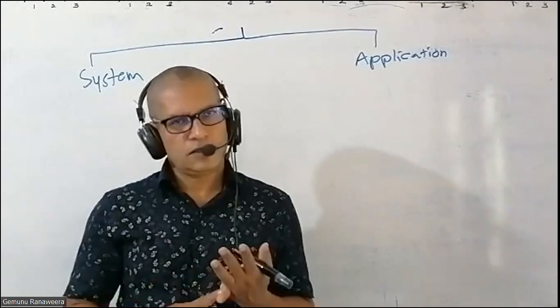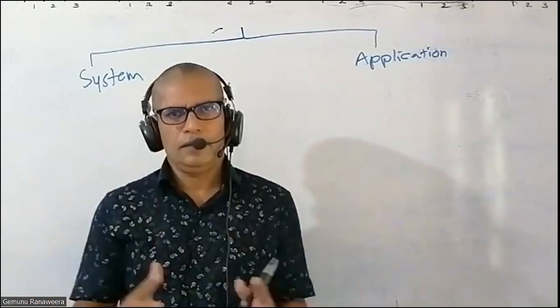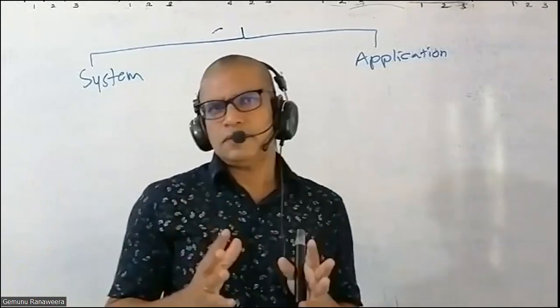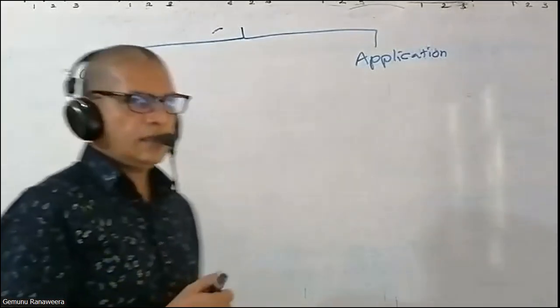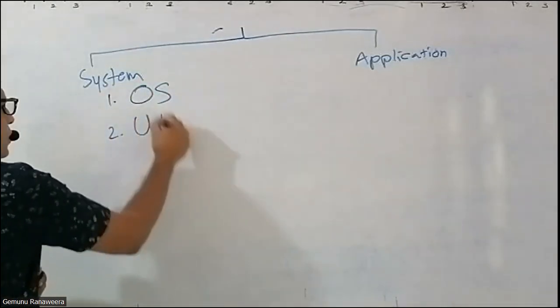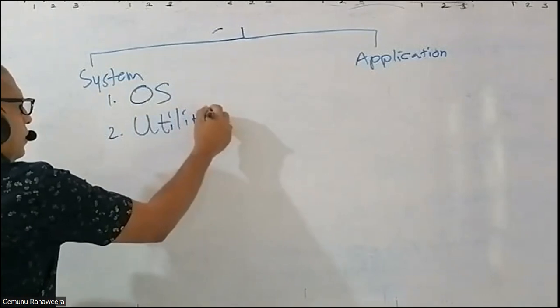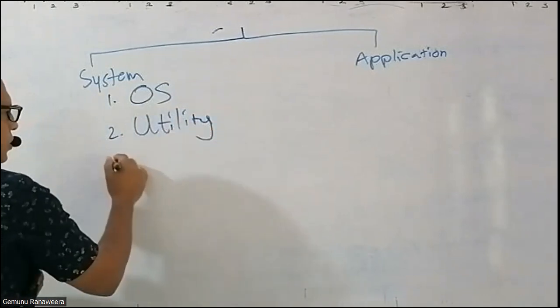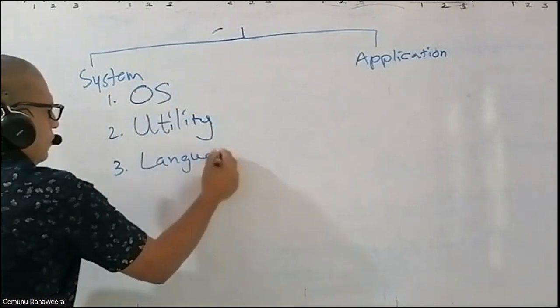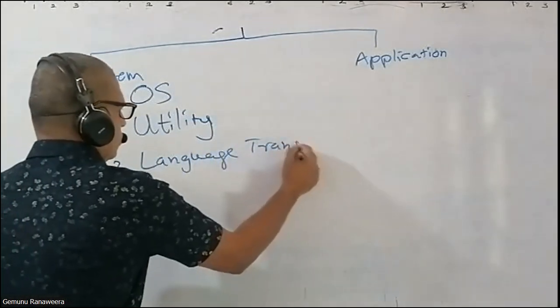We manage the processors and memory and some other resources. System software can also be categorized further as the operating systems, then the utility software, and the language translators.